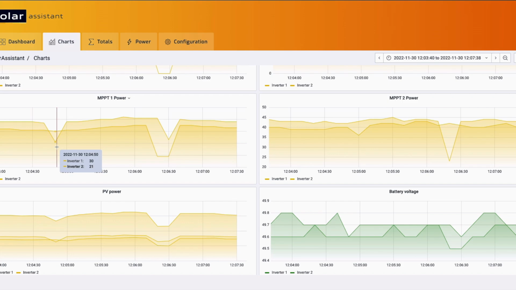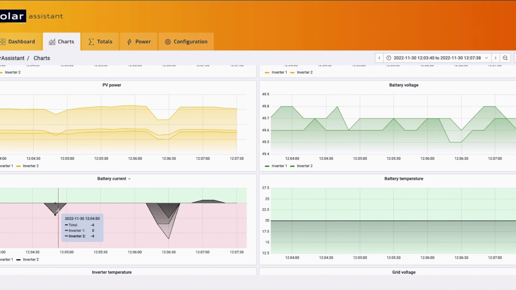See, MPP power here, inverter 2 is lower compared to what it was. MPP 1 power, 35 down to 9 on inverter 1, then back up.